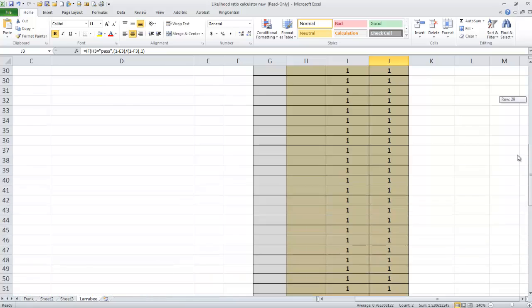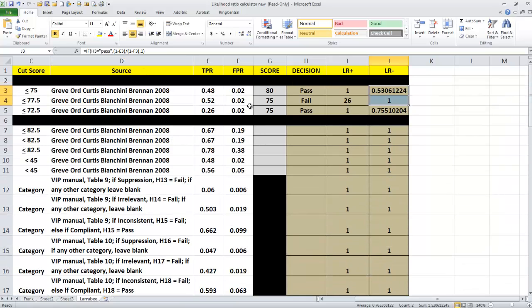And then this stuff happens automatically for you, and then it automatically goes down here. Now, what it says is if it's a fail, it's E3 divided by F3. Okay? If it's a pass, it's going to be 1 minus E3 over 1 minus F3.